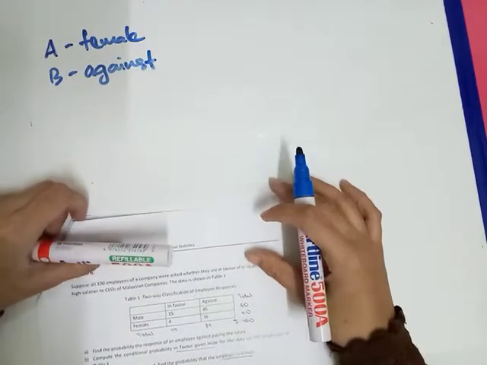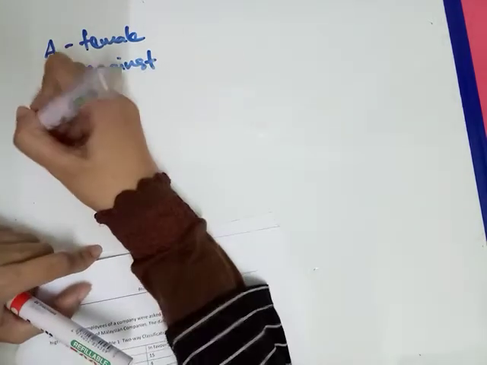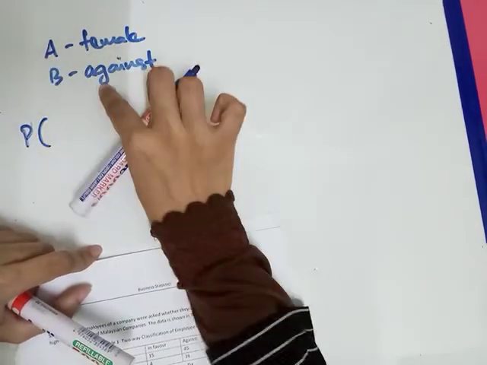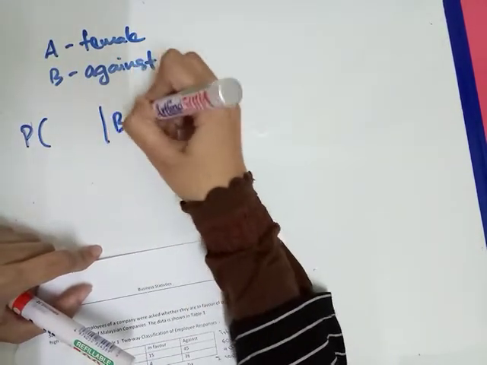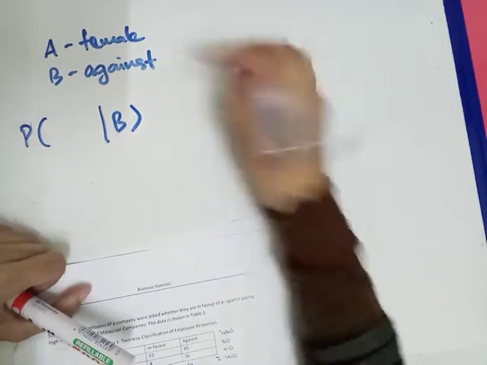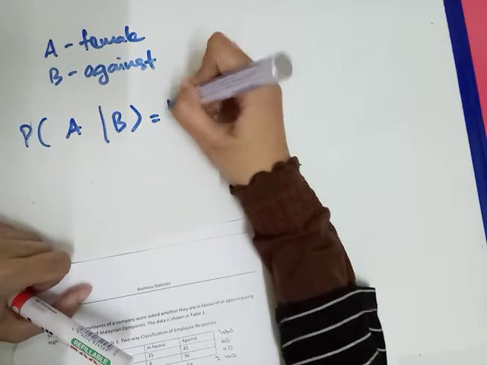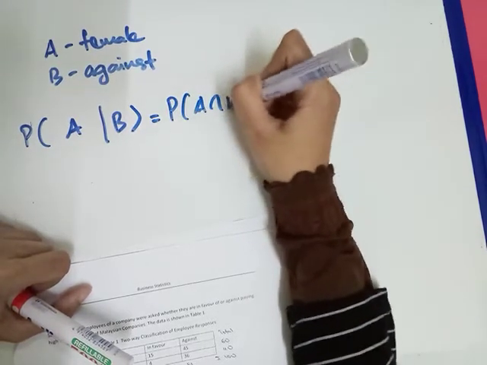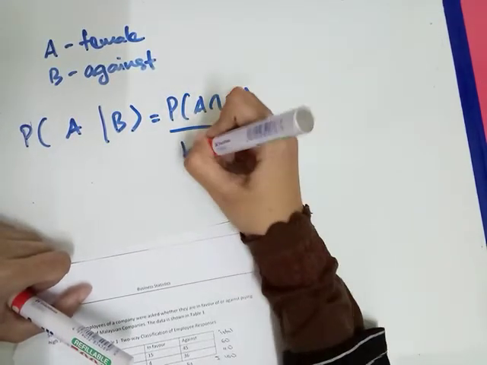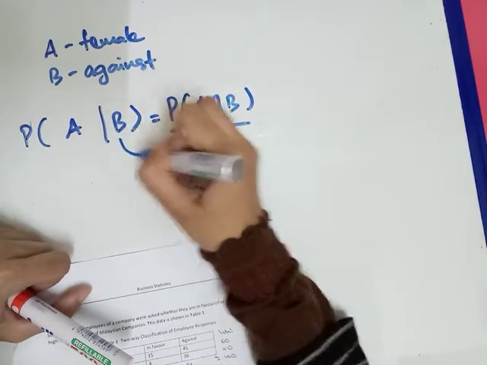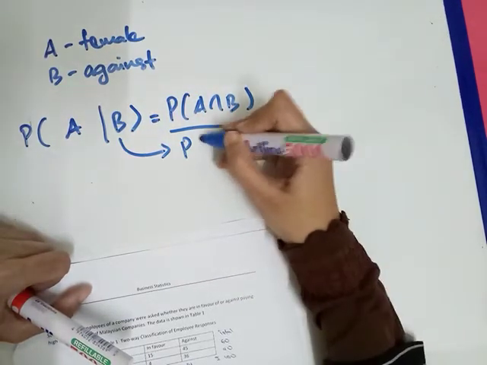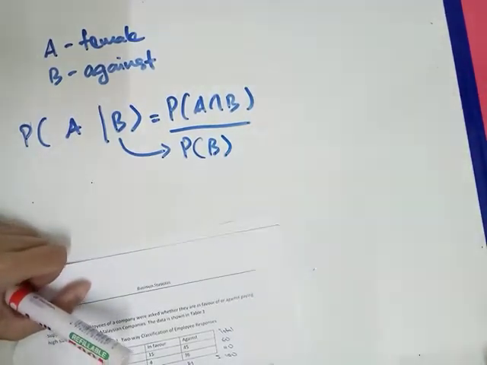So bila soalan minta given against, that means probability yang against tu, yang B tu letak kat belakang dia. And then find the probability that employee is female, yang female tu letak kat depan. Macam tu. And then formula dia probability of A intersect B over probability of yang mana yang duduk belakang ni, dia buat turun bawah. Jadi probability of B.